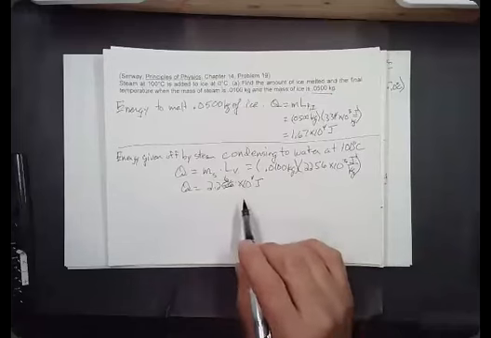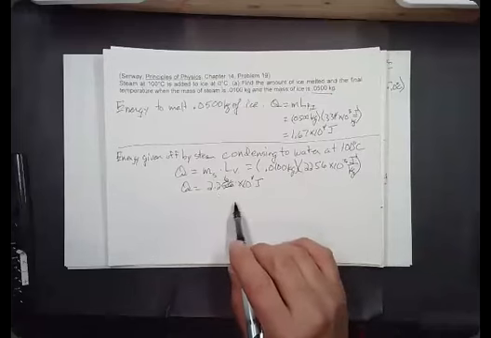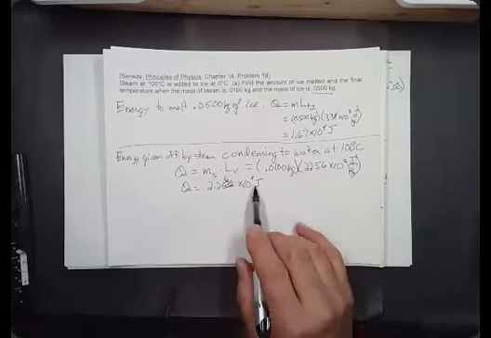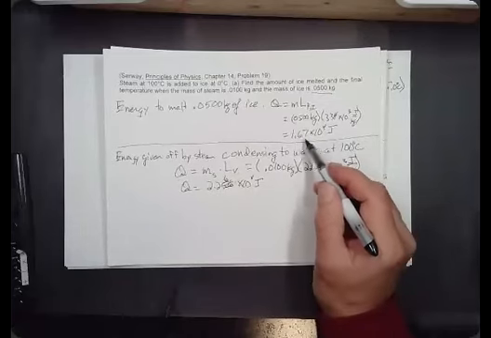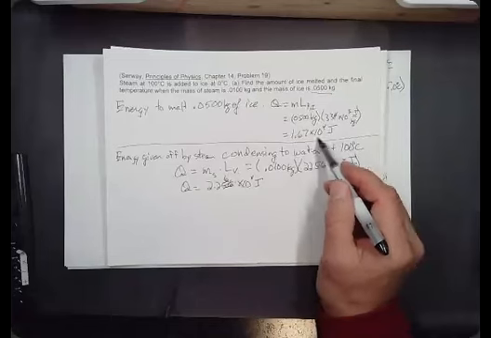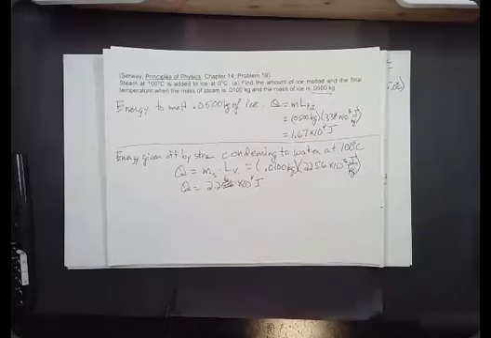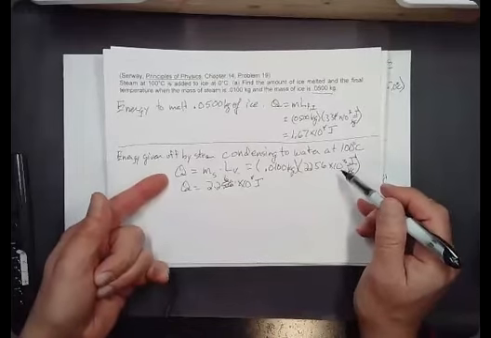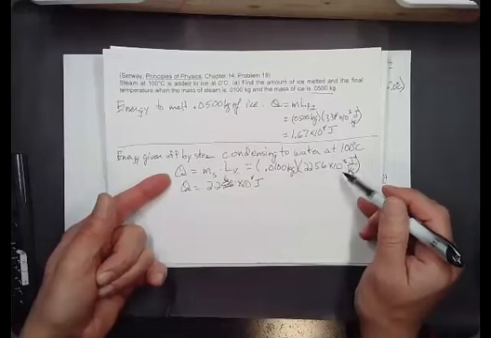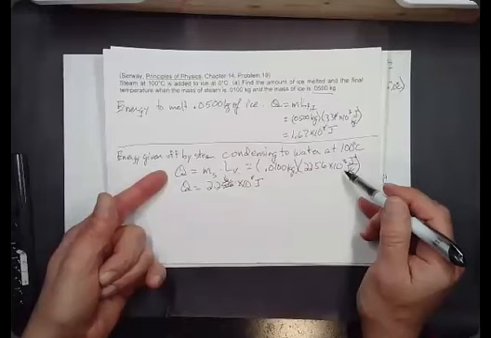So just when that steam is condensing to water, it's going to have more than enough energy to melt the ice, which means the steam is going to become 0.0100 kilograms of water at 100 degrees Celsius.